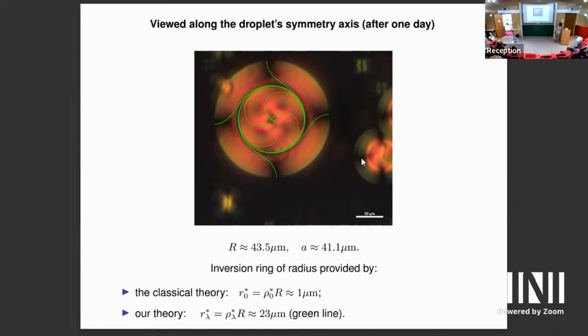And we can see that our theory predicts an inversion ring, which is an order of magnitude greater than that produced in the classical theory, in absolute terms 23 micrometers against 1 micrometer. And we see that our theory seems to capture the internal structure of this droplet.